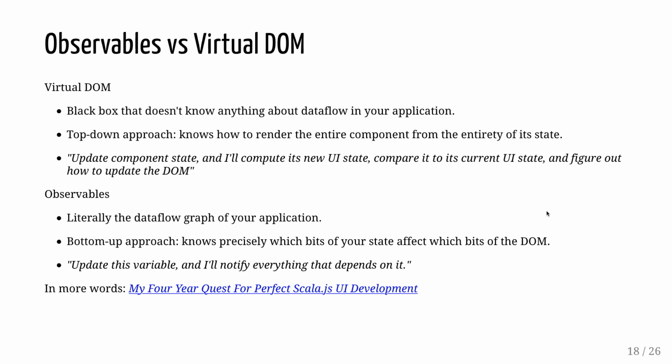So if you're sending an event into an event bus, or if you're updating a field inside a Var, these updates will be propagated through the data flow graph to only the parts of the DOM or other listeners that depend on this particular data, or on this particular field or this particular event. And this is because observables are lazy.